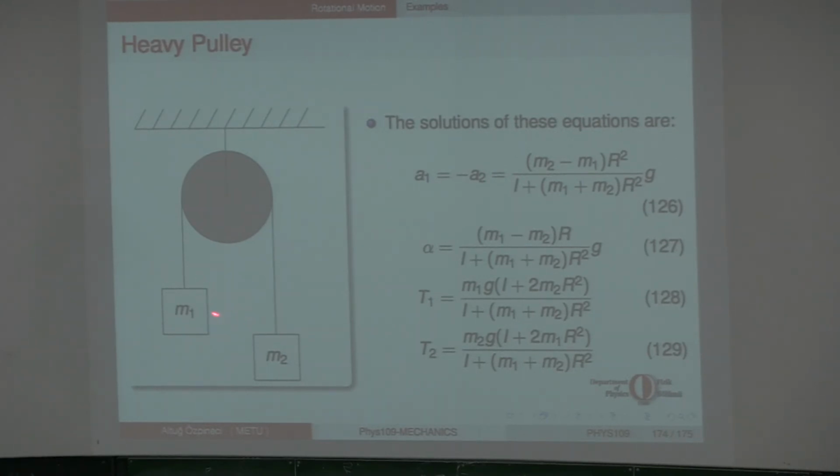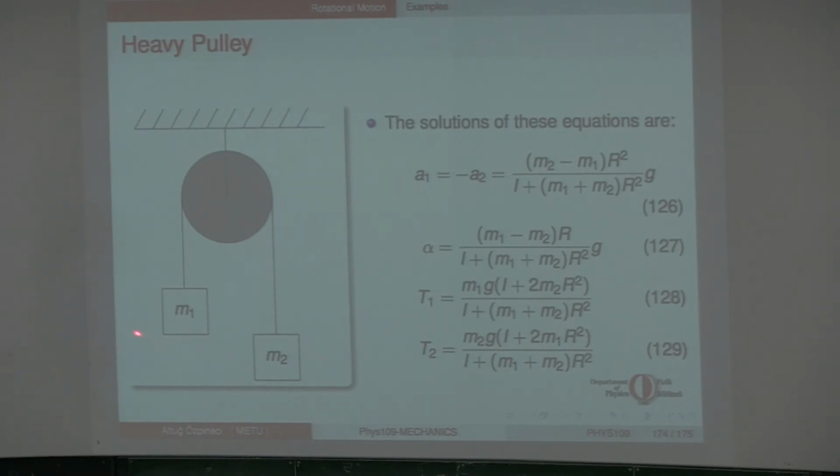So what is the acceleration of M1 in the limit that M2 is very large? It's G. Which direction? G pointing upwards. That's our positive Z direction.